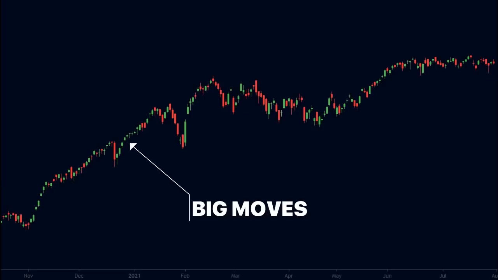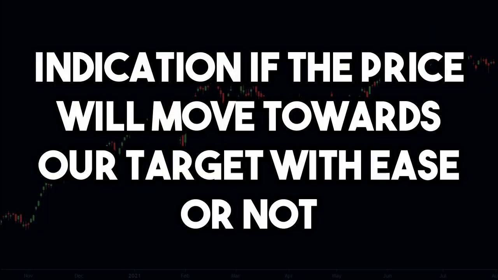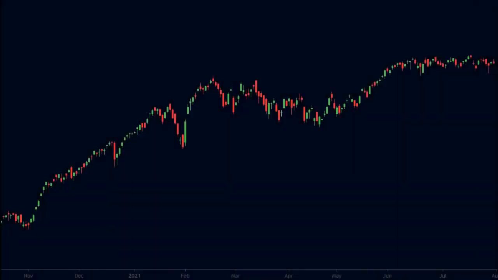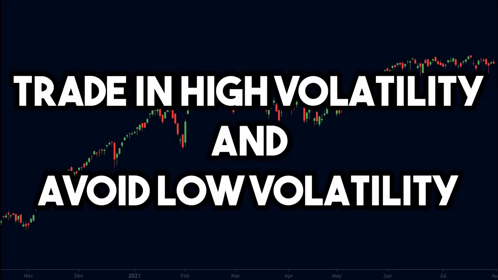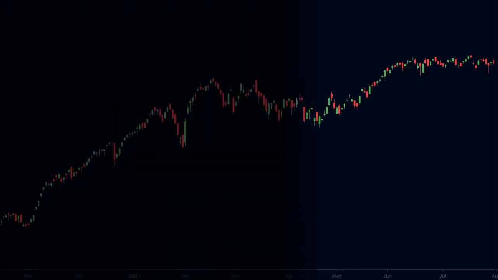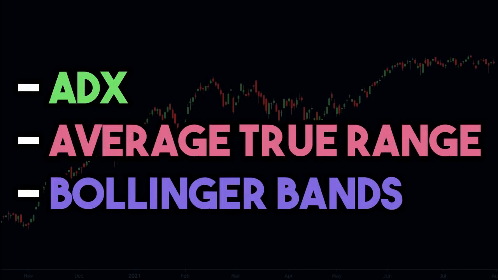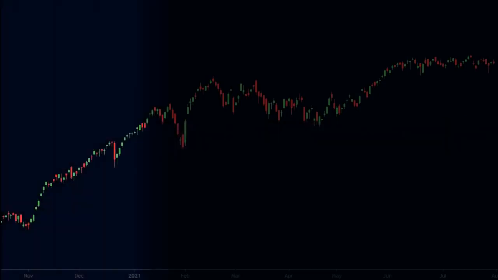Therefore, we see parabolic moves. Volatility of the market gives us an indication if the price will move towards our target with ease or not. Ideally, we want to trade in high volatility markets, and we would like to avoid the low volatility periods. ADX, average true range, and Bollinger Bands are some of the most popular volatility indicators.